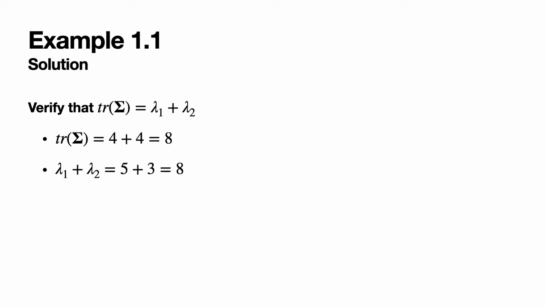And so we want to verify that for this particular situation. The trace of cap sigma, using the definition as the sum of the diagonal elements, is 4 plus 4, which is 8. The sum of the characteristic roots is 5 plus 3, which is also 8. And so we see that that result does in fact hold for this particular situation.